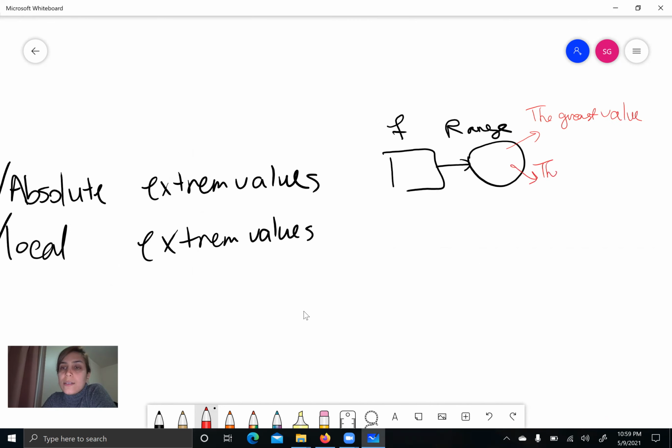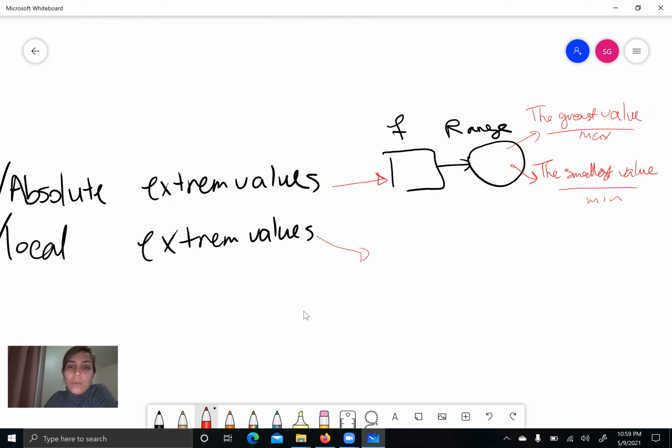So it's over the entire range, the entire output. Look at the set of all output values and then pick the smallest value and the largest value. This is going to be the absolute minimum, and this is going to be the absolute max.